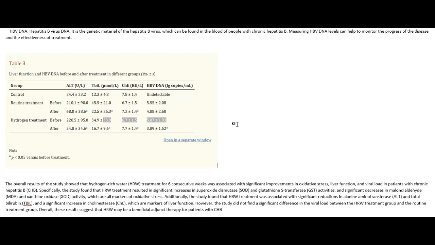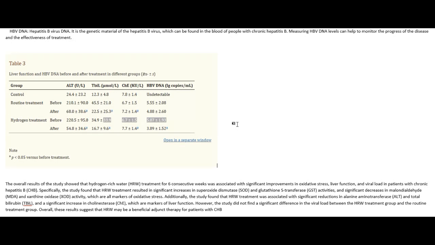So the overall results of the study showed that hydrogen-rich water treatment for 6 consecutive weeks was associated with a significant improvement in oxidative stress, liver function, and viral load in patients with chronic hepatitis.